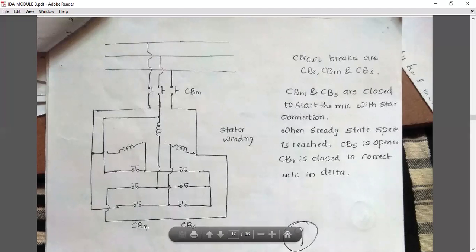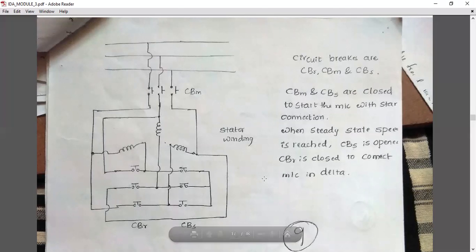They are small circuit breakers, or switches, you can say. CBM and CBS are closed to start the machine with the star connection. When steady state speed is reached, CBS is opened and CBR is closed. That makes the delta connection.